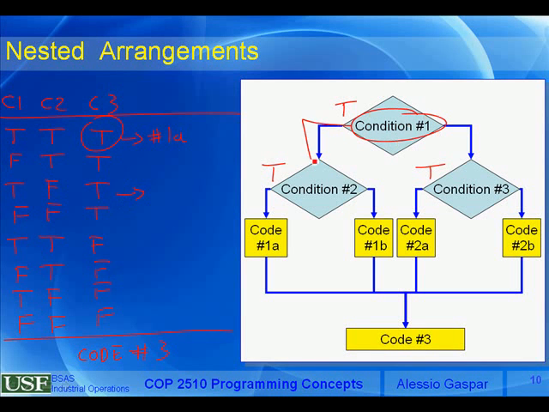Condition 1 is true, I execute here. I find another conditional statement. I test condition 2. Is it true or false? In this case, my chosen example indicates that it's going to be false. I execute code 1b, and then I execute code 3. So the outcome is I execute 1b, and then I execute 3.